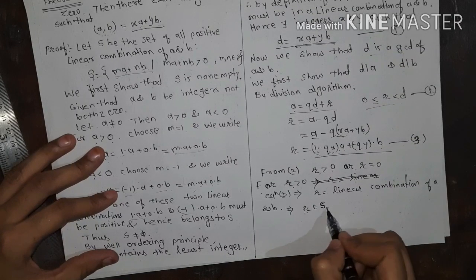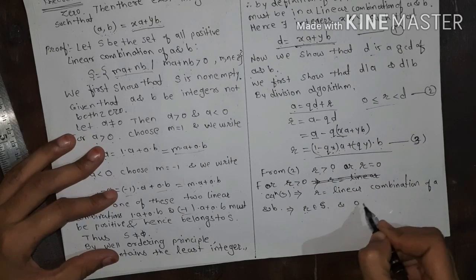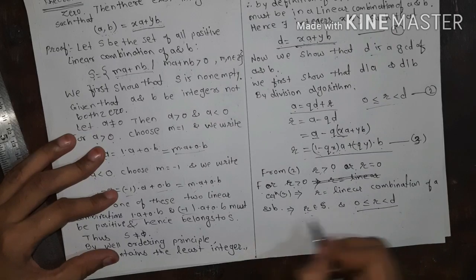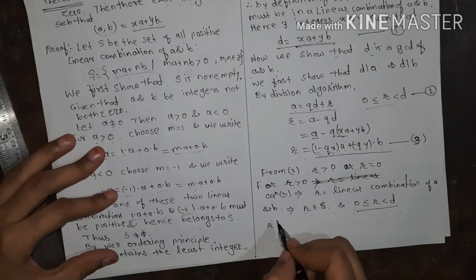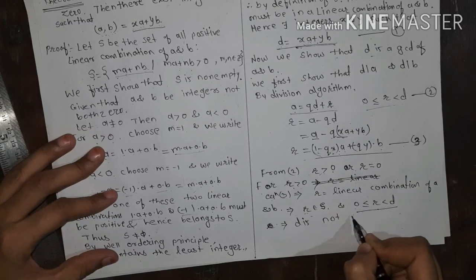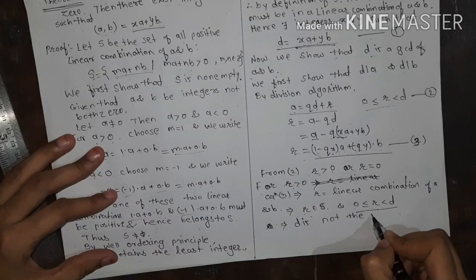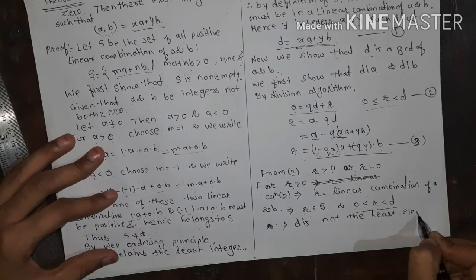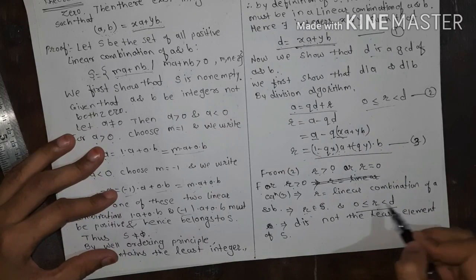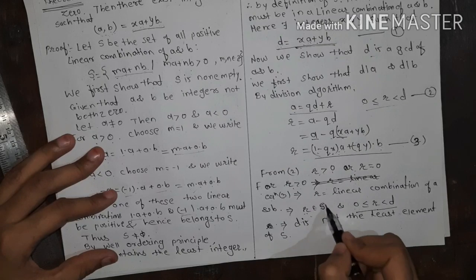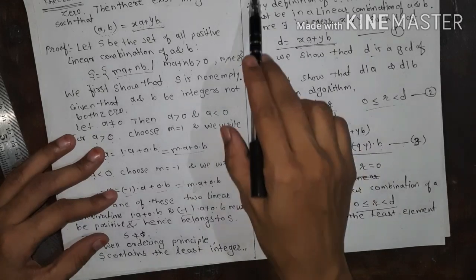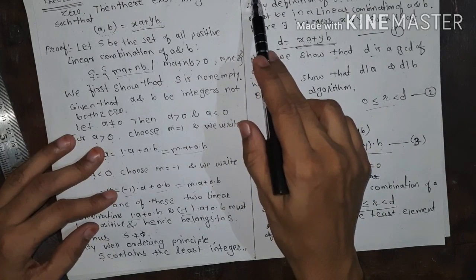Okay, so if r is an element of S and 0 is less than or equal to r less than d, from equation 2 this implies d is not the least element of S. Because r is smaller than d and r is an element of S, this implies d is not the least element, but we assumed the least integer of S is d.